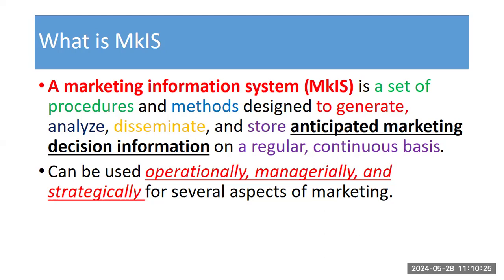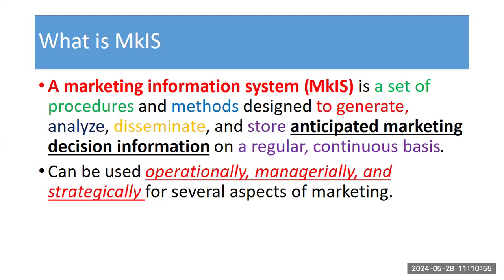And after generating, analyzing, and disseminating this information, they like to store it, right? Store, in the sense that nowadays it may be hardware or cloud storage, for future purposes. That's why they store anticipated marketing decision information.